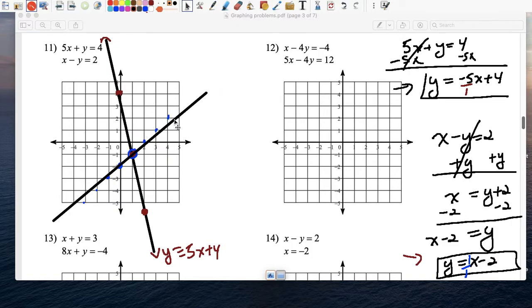I've got to move that a little bit. Make that a little prettier. Okay, there you go. Arrow, arrow, we'll call this y equals x minus 2.